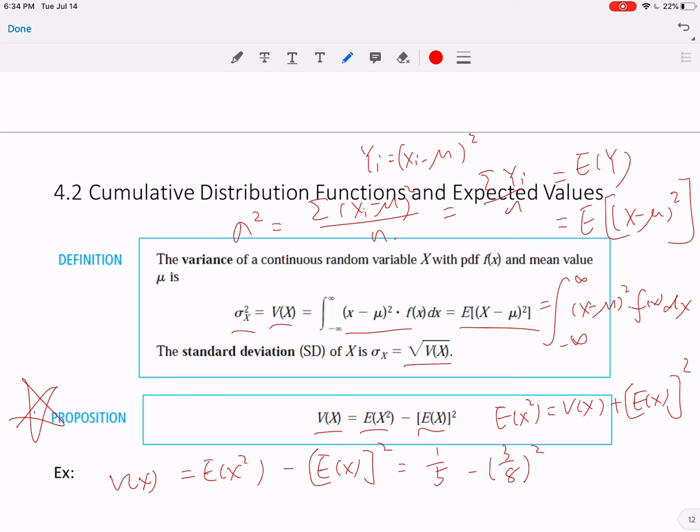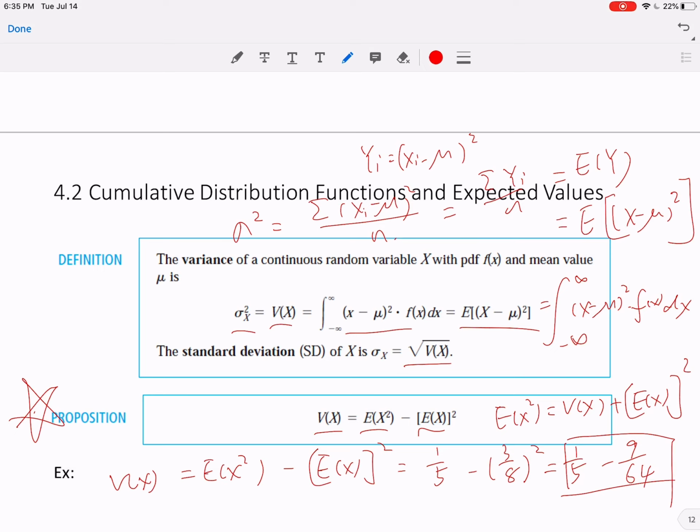Okay? And then this is 1/5 minus 9/64, like that. I will leave the calculation for you to do, because I just came up with this idea while I was recording, and I didn't do the calculation in advance, so I don't want to spend too much time going over the calculation here.